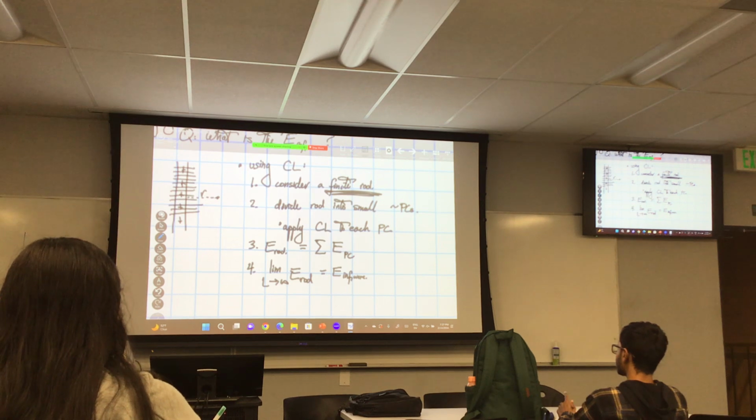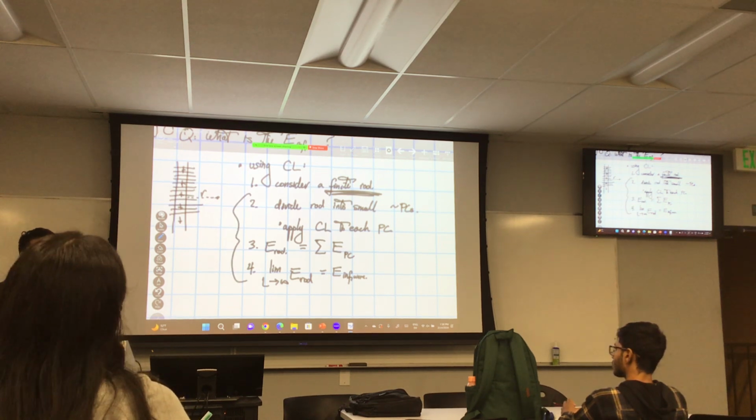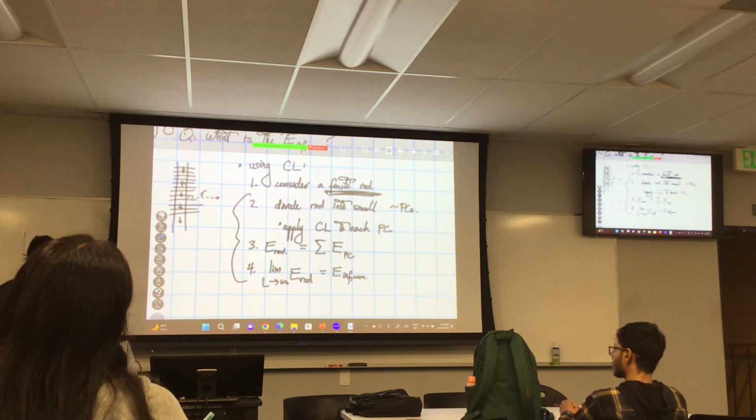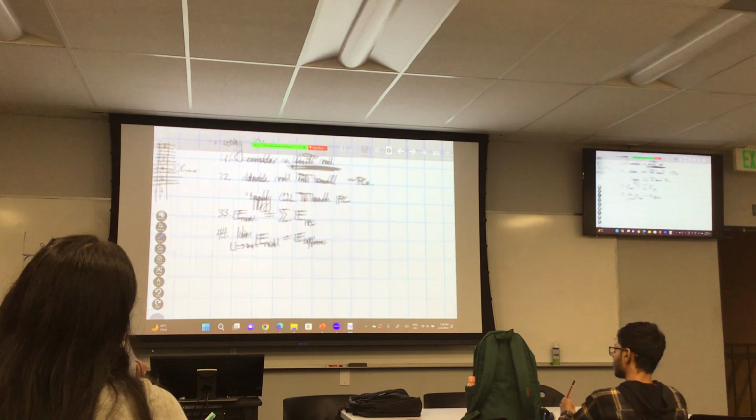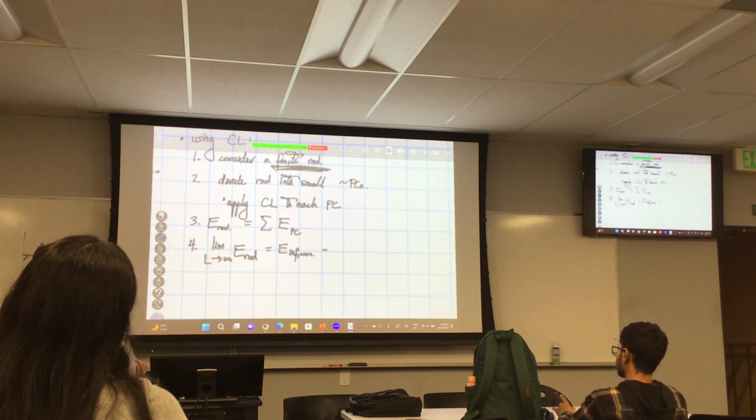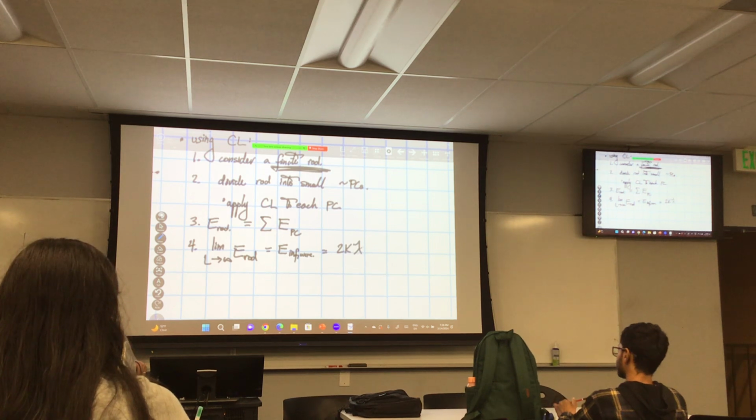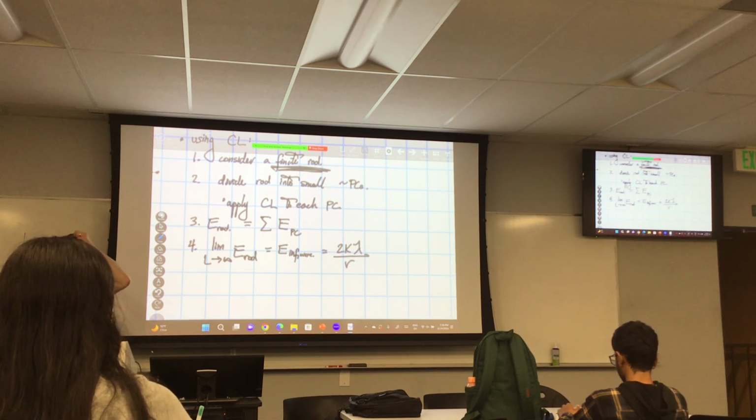It is these steps that take pretty much an hour to actually do. And I did give you the solution that this was equal to 2k lambda over r. 2k lambda over r.